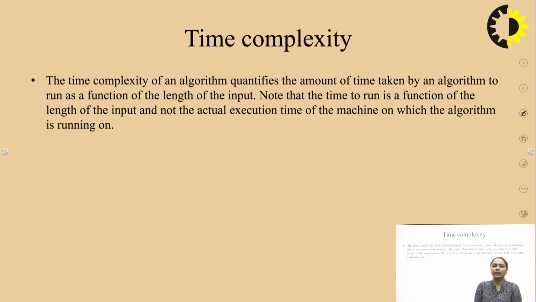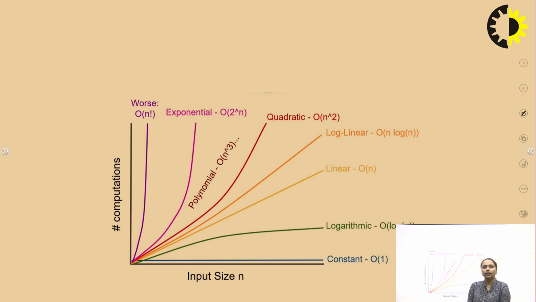So we cannot say that if a machine generates a result with a delay, the algorithm is worst, because time complexity depends upon the length of input we are providing. So whenever we analyze our algorithm, depending on the input size and the number of computations done, we get different graphs, starting from the best to the worst scenario.